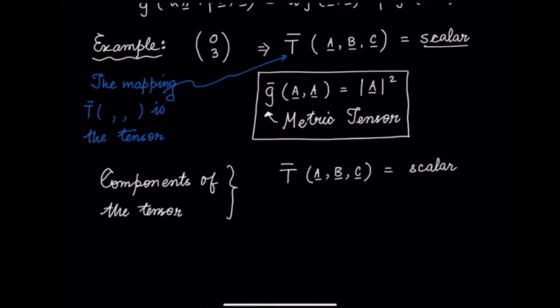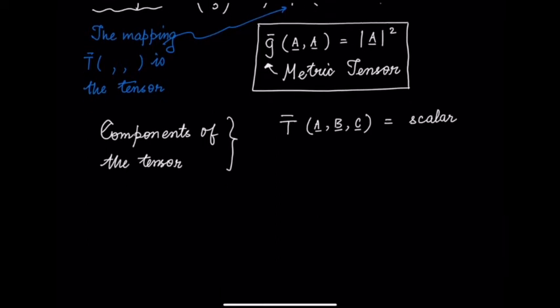But instead of operating it with 3 arbitrary vectors, I can operate it with 3 unit vectors also. So let us operate it with, say, E alpha, the alpha unit vector, and then here I put E beta, here I put E gamma. Okay. The question is, what is it that I will get? I will get a scalar. That is obvious.